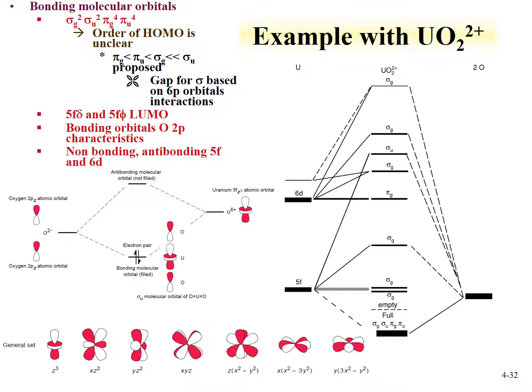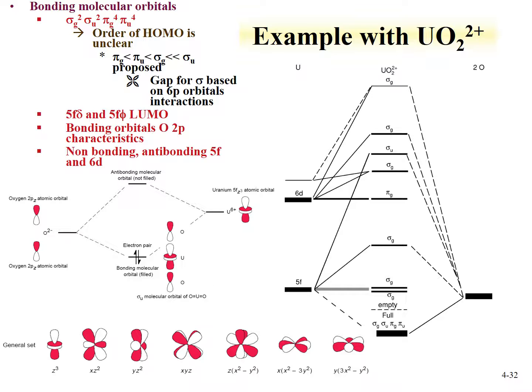Now, an example for this with the actinides is shown here for the uranyl complex, UO2 2+. One of the interesting properties of the molecules for the actinides is the linear behavior of the oxygen-actinide-oxygen system. And this behavior stems from the interaction of the f electrons in the formation of the molecular orbital.